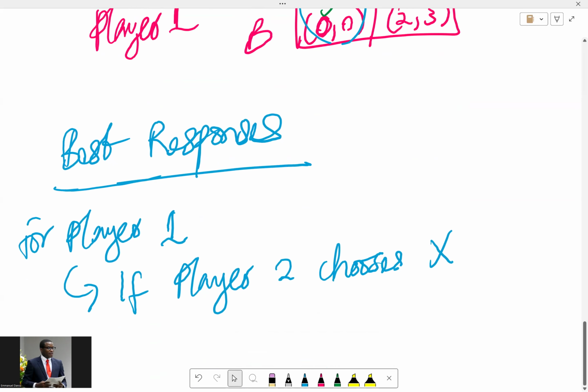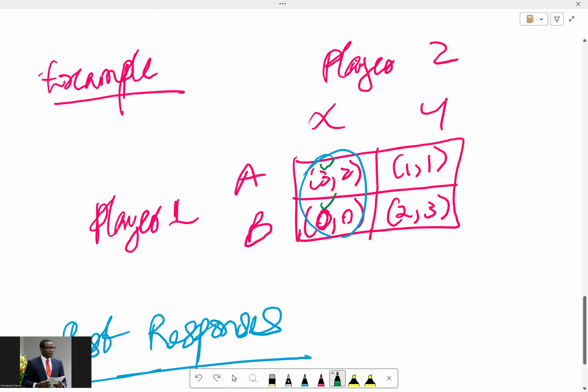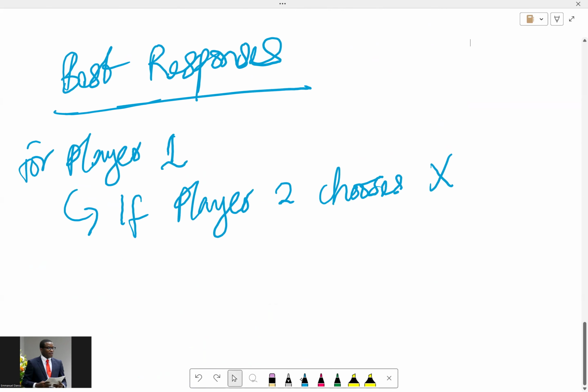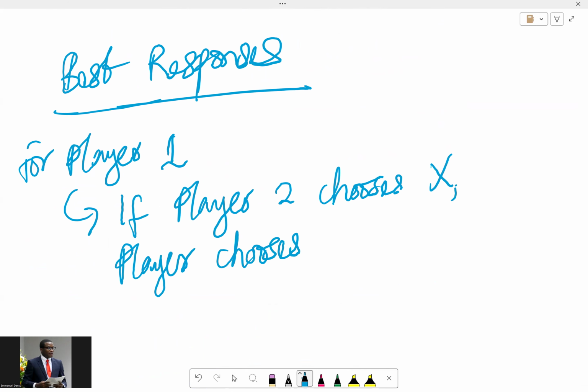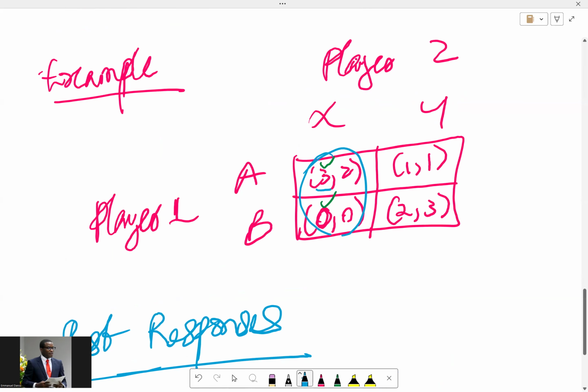So if player two chooses X, we expect player one to choose A, because A gives a higher payoff. That's 3, which is bigger than 0. So that is settled.